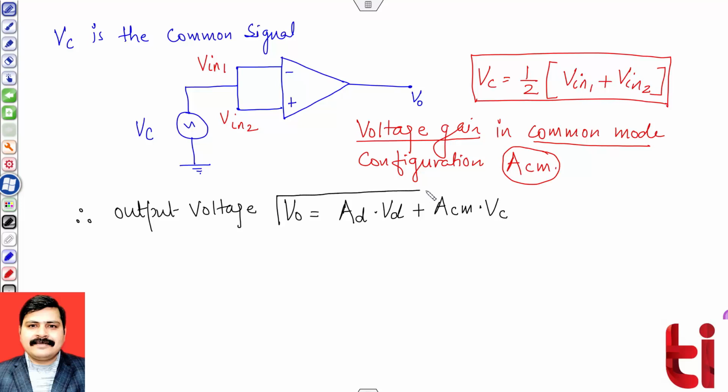So my overall output voltage, considering these two terms together, will be V naught equals AD into VD plus ACM into VC, where VC is my common mode signal.